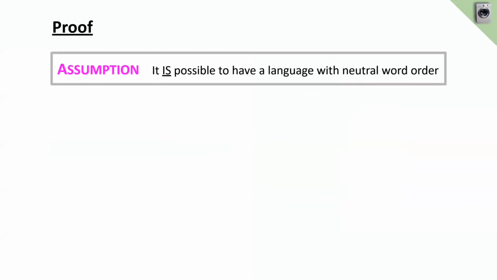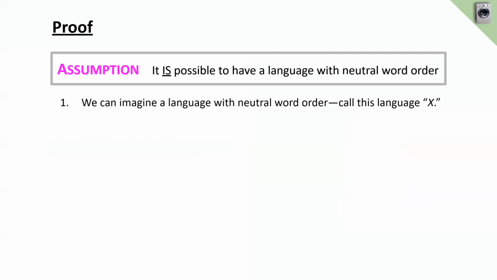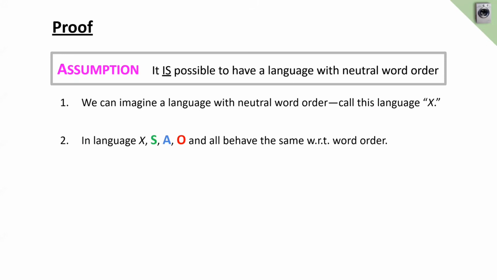First, let's assume that it is possible to have a language with neutral word order. From this assumption, it follows that we can imagine a language with neutral word order. Call this imaginary language X. Since by definition, X exhibits neutral alignment with respect to word order, in X we expect S, A, and O arguments all to behave the same with respect to word order.